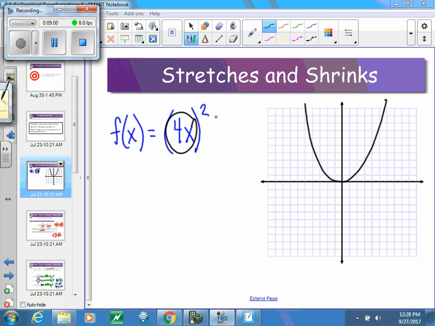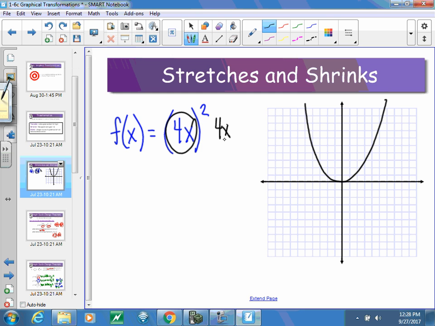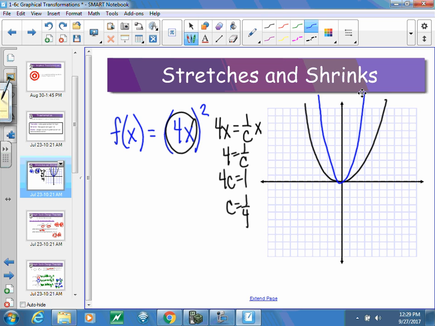If we were to think about this 4x equaling x over c, once again I could divide by x's here, and we get that 4 is equal to 1 over c. Multiply both sides by c, so 4c is equal to 1. We solve it and get c is equal to 1/4. Because it's inside, that means we're working with a horizontal stretch or shrink. So here, if I have a horizontal shrink of 1/4, that means it's going to bring our parabola in and make it smaller.